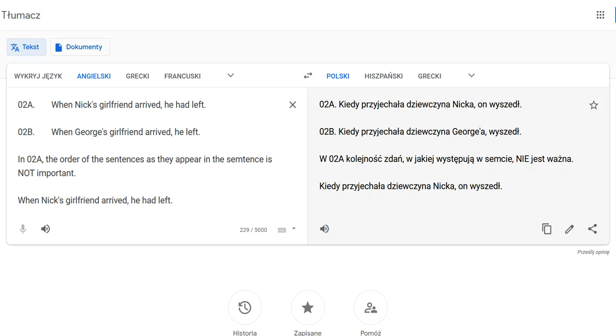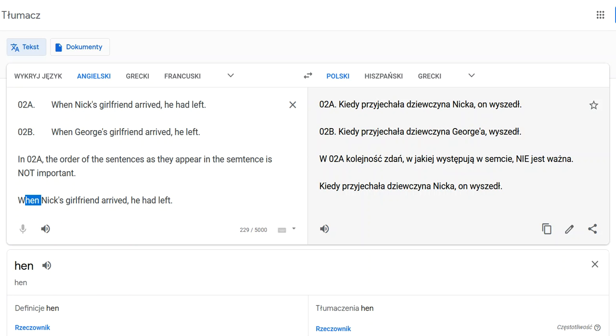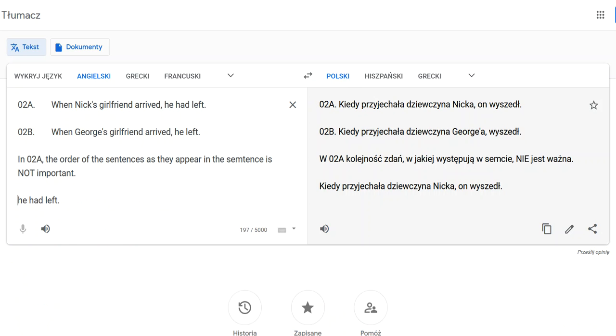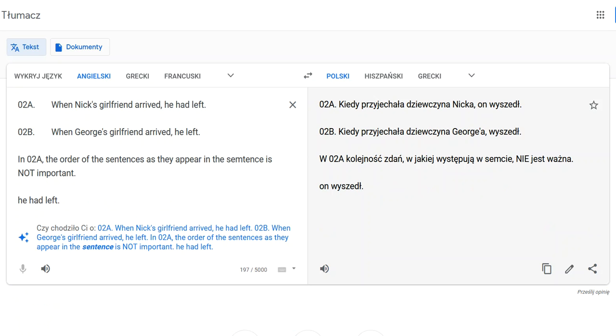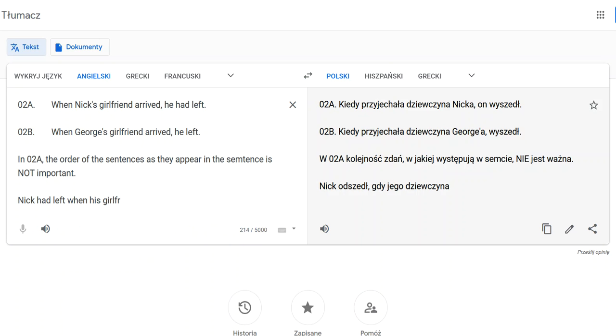We still understand that this happened first, that this happened, when X, no, sorry, that was a mistake. Nick had left when his girlfriend arrived.